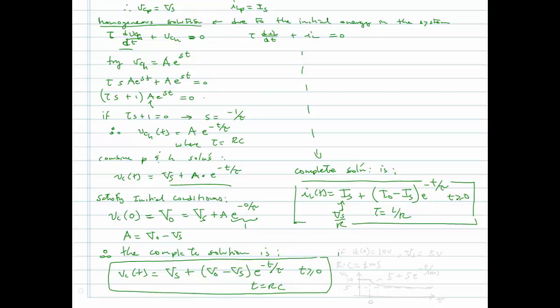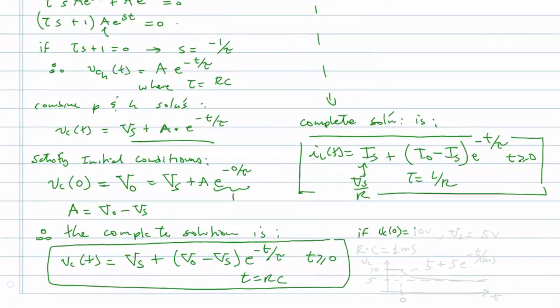So for instance, if Vc of 0 is equal to 10 and Vs is equal to 5 volts and RC is equal to 1 millisecond, then if we plot this Vc versus time, it would start off at 10 volts.